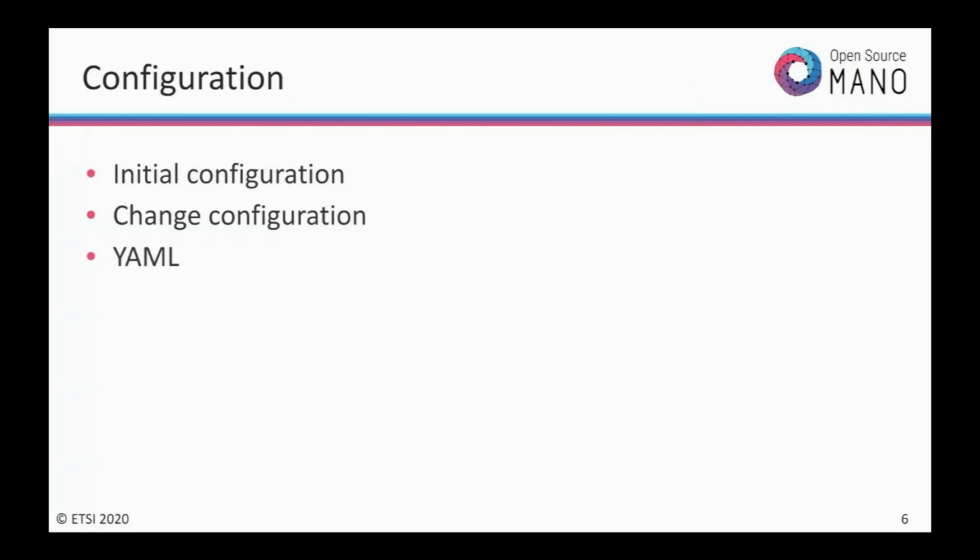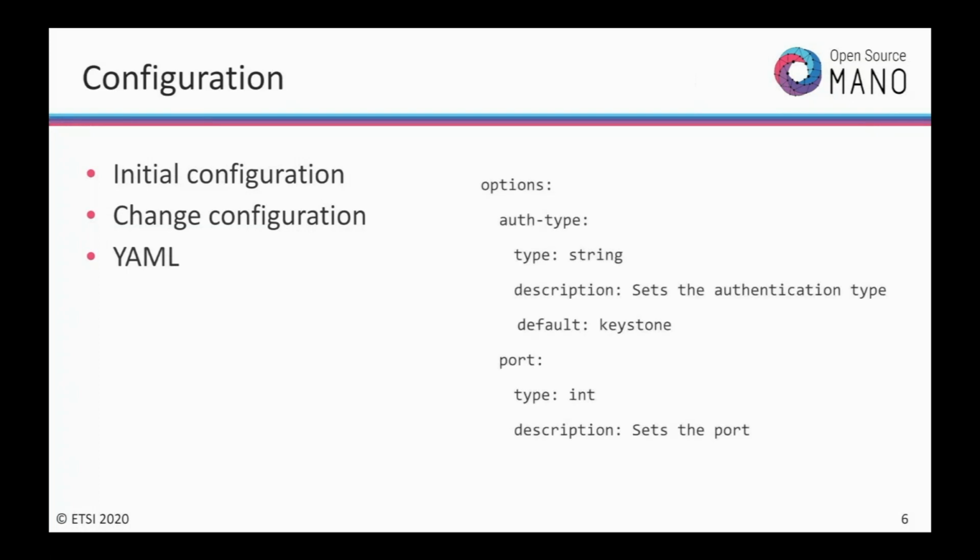And basically, the configuration is a YAML file inside of the charm, in which you specify the options you have and the type of those options, and you can put any values you like, and then manage that in the code.